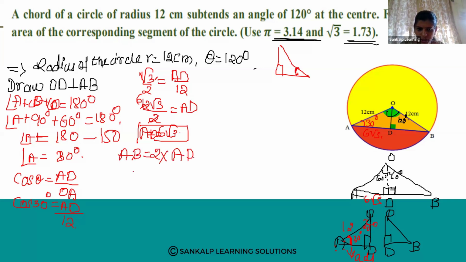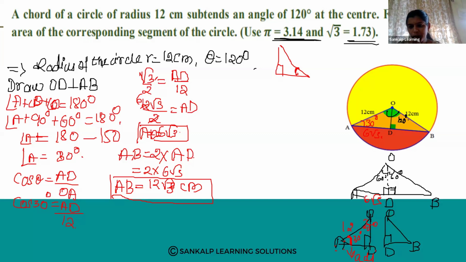That is 2 into 6 root 3, which is 12 root 3 centimeter. You will get this as the value of AB. So now we got the value of AB.